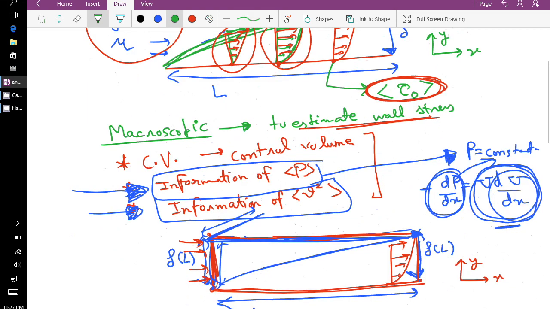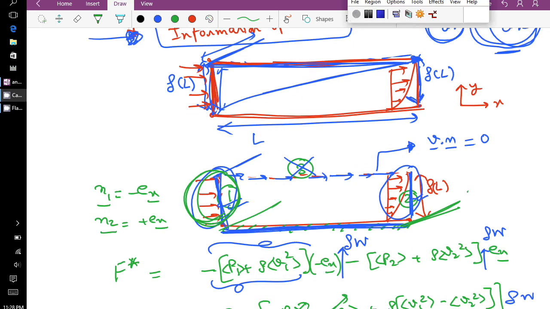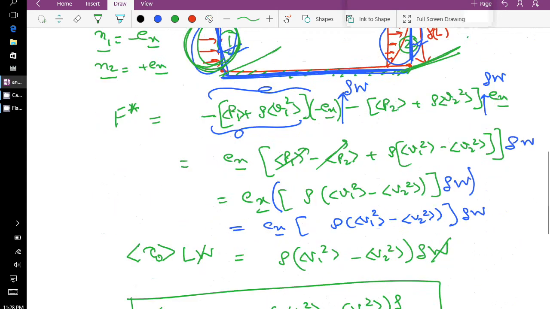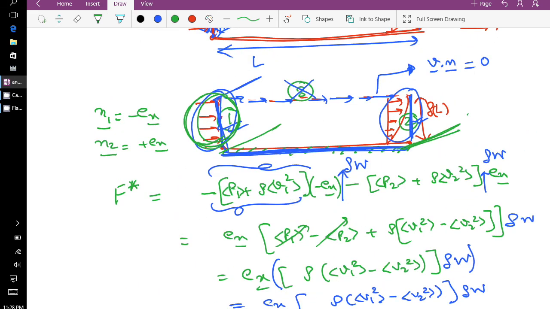So we have to evaluate the velocity profile in the second region, but we know the velocity profile in the first region. The mean of the square velocity there is flat, so everything will be capital U square.